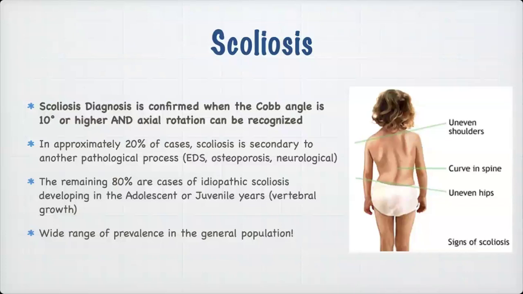Here, think of Ehlers-Danlos syndrome, osteoporosis, or neurological conditions such as cerebral palsy or Down syndrome. The remaining 80% are cases of idiopathic adolescent or juvenile scoliosis, where vertebral growth is impacted and grows asymmetrically. In EDS, when I analyze the spine, I oftentimes don't identify a vertebral asymmetry.